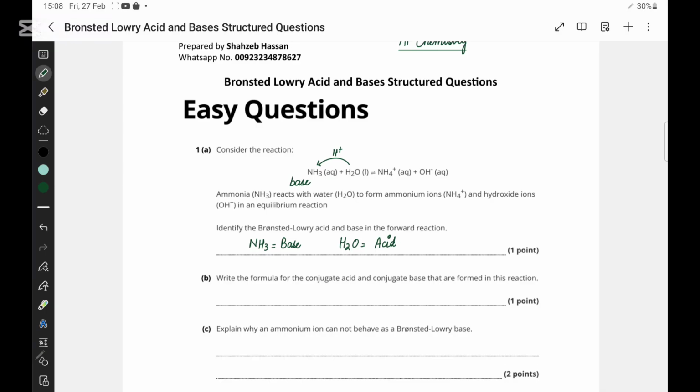They are saying write the formula of the conjugate acid and conjugate base that are formed in this reaction. Ammonia is a base here, and it has accepted a proton and forms the ammonium ion. So if ammonia is a base, the ammonium ion is going to be the conjugate acid.